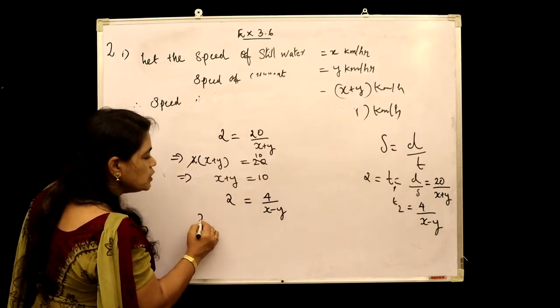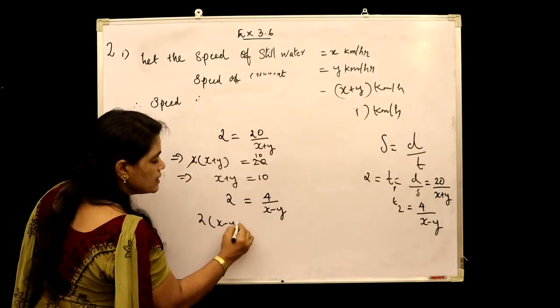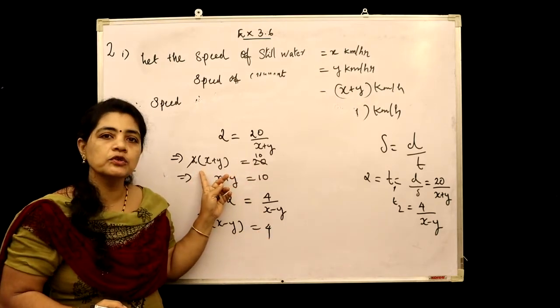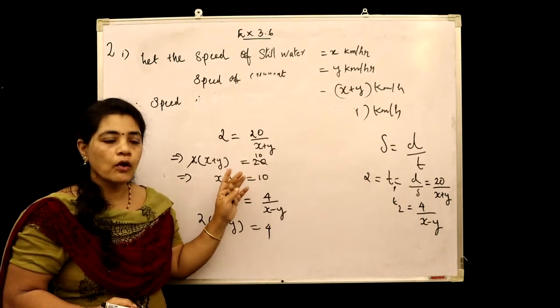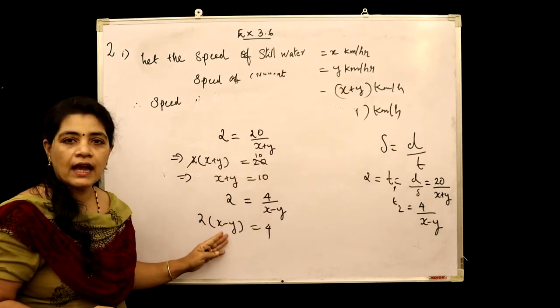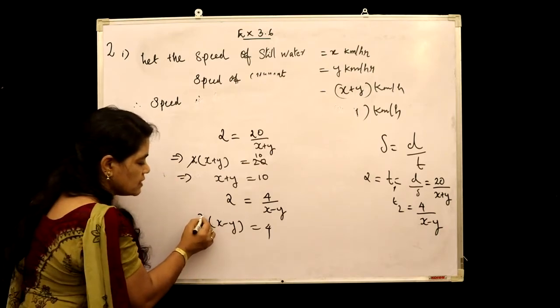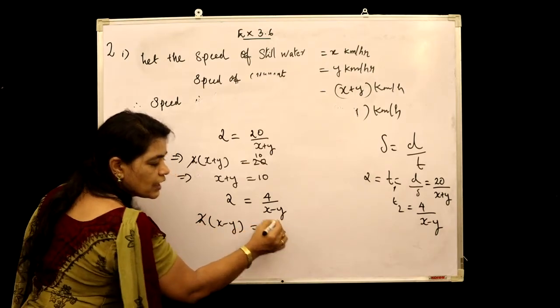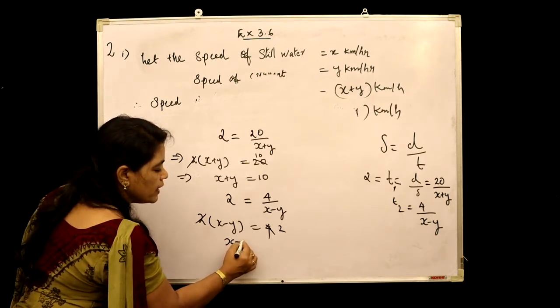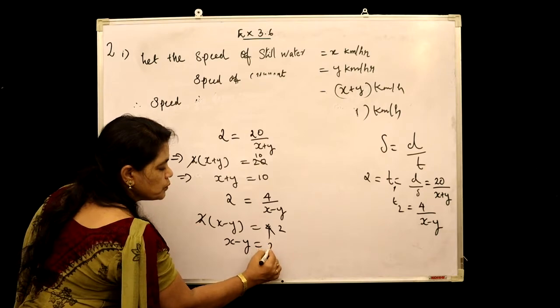So 2 into x minus y is equal to 4. As in the first case we cancel the 2, both are multiples of 2, and since they are connected by the multiplication sign, the same way you can cancel 2 from LHS and RHS. 2 in 4, 2 times. Understood? So x minus y is equal to 2.